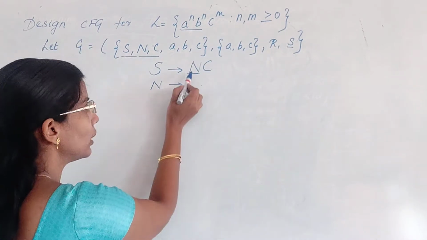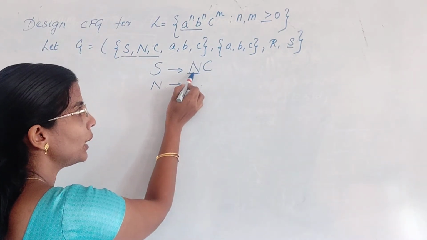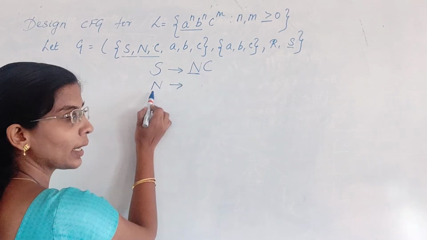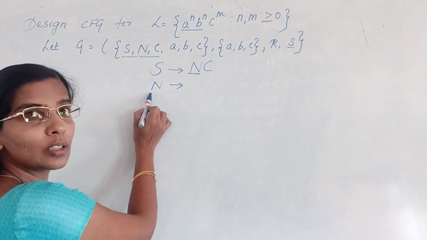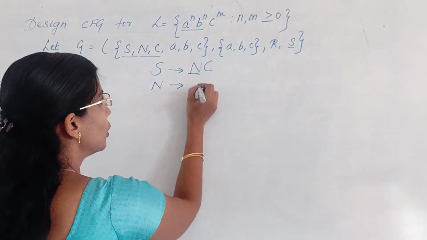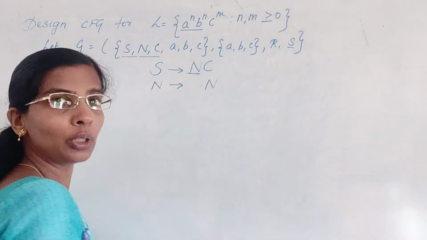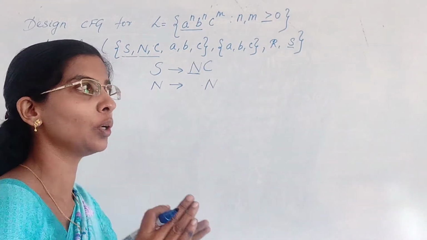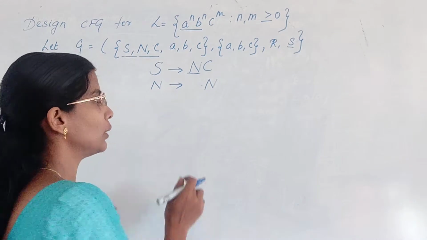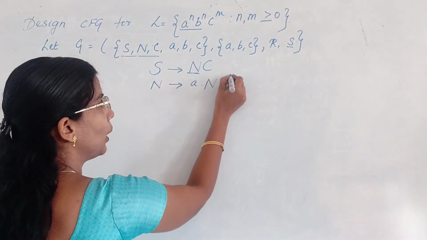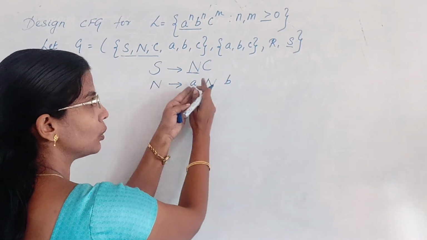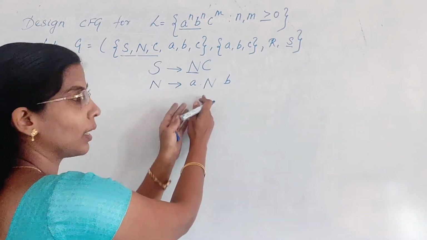Right? So next I will write what could be this non-terminal capital N. So N, as I told, you should generate from outside to inside. Outside to inside. So it is A N B. Right?